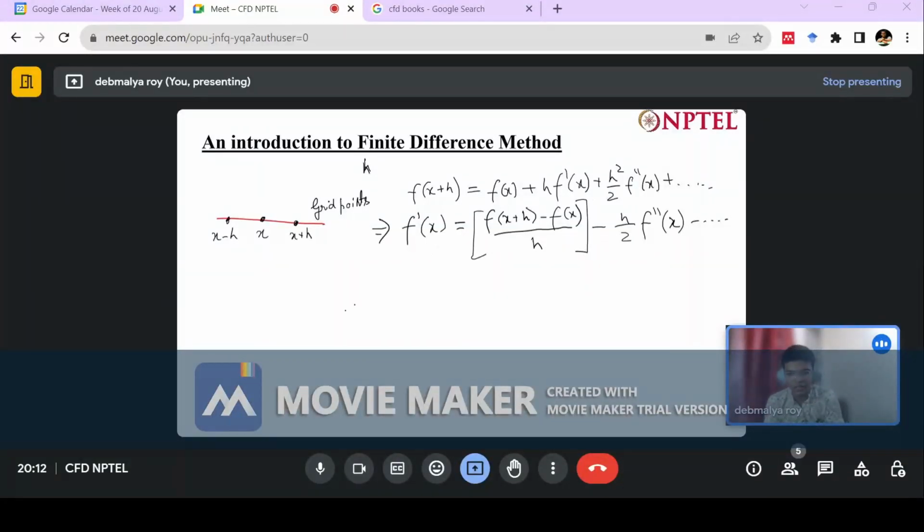If I truncate it here, let's say I approximate my f dash x as this, then what will be my error? My error will be of order h, right, because the next term is h multiplied with something. So h I can take as small as I want, and the smaller I take h, the smaller the size of the error will be. Okay, that is basically the concept.